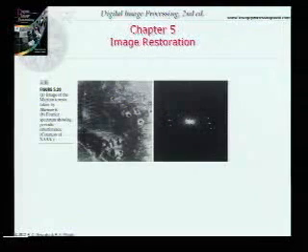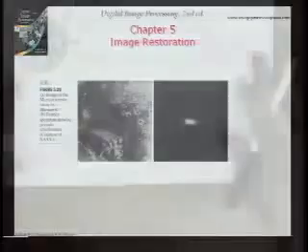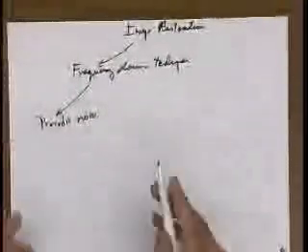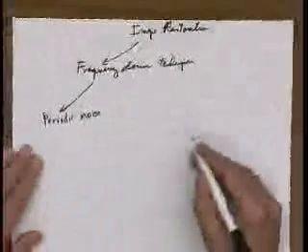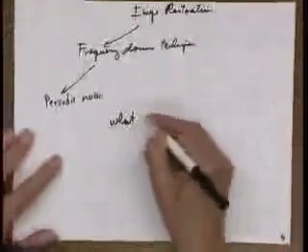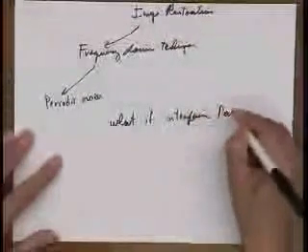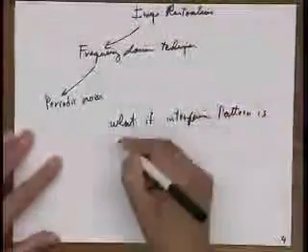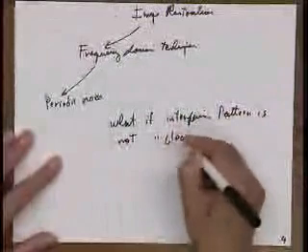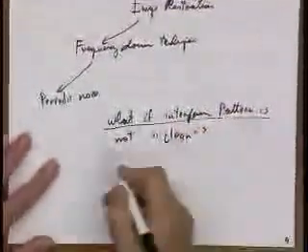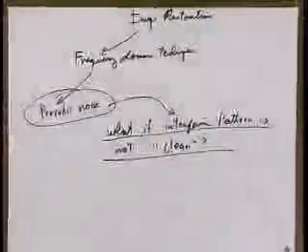So coming back to the paper here. The question that we're trying to ask ourselves is, what if the interference pattern is not, and I call it clean. In other words, it's not like eight things in a circle for this periodic noise case. How do we deal with that?